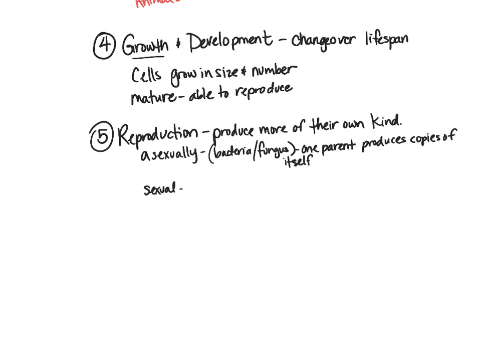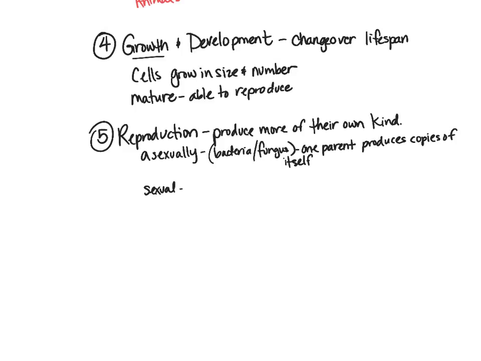In a bacteria or fungus, that means making a whole new organism, something like cell division. We're talking about binary fission. But in a multicellular organism, this could be just regeneration or cell division. Within our own body, our skin cells, for example, are going through reproduction. We're producing more and more of our own individual skin cells.